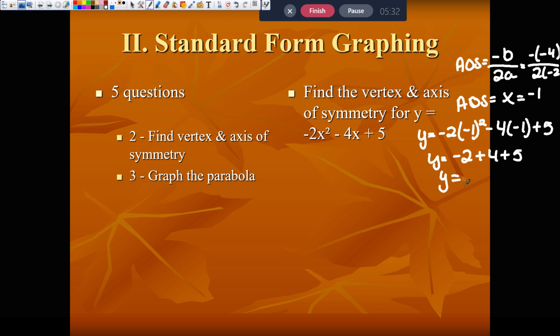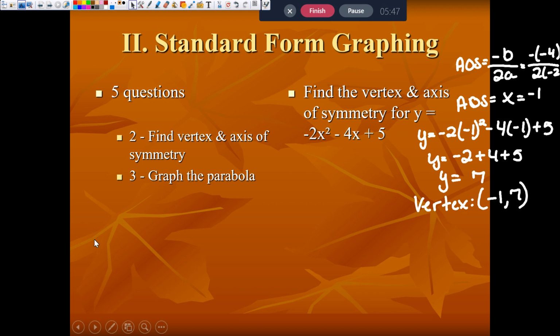So our y would equal 7. So my vertex would be -1, 7. So my vertex is -1, 7, and my axis of symmetry is x equals -1. Remember, you have to provide the x equals. If you do not, then you'll get it incorrect.